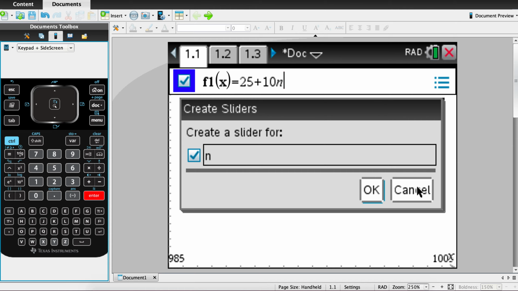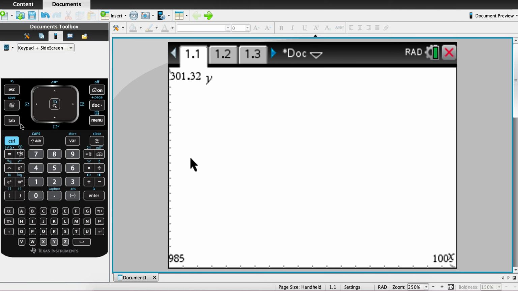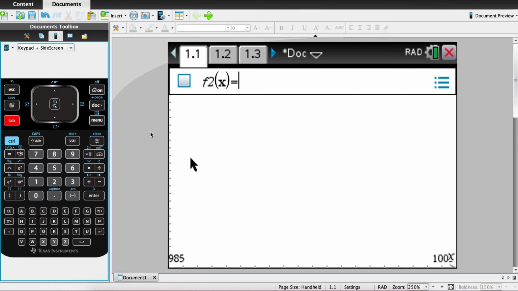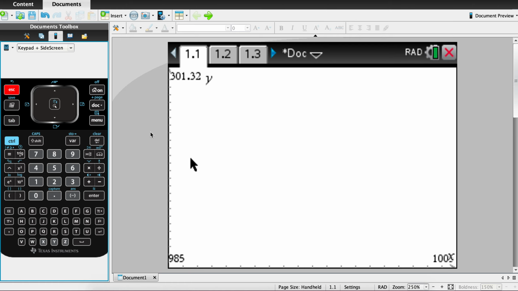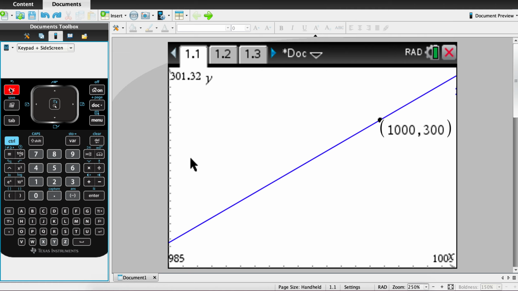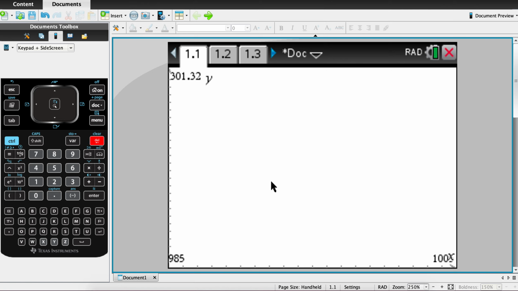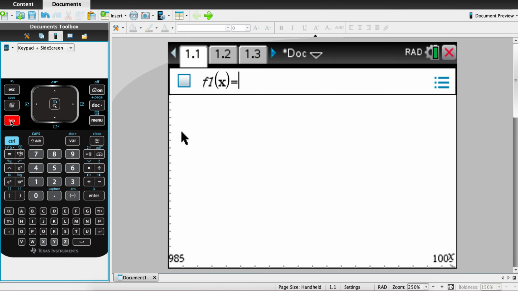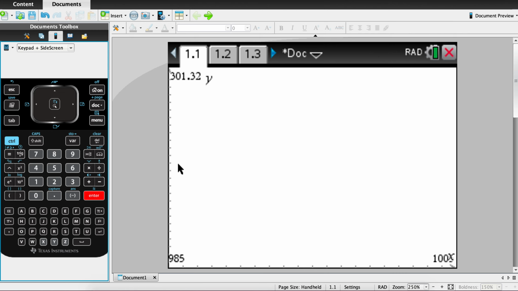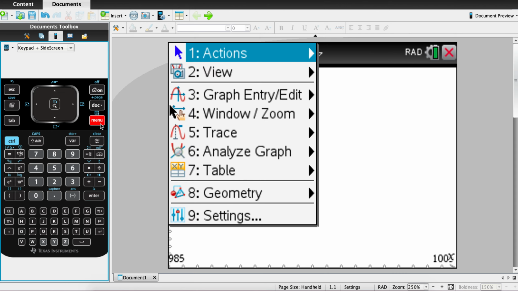Oops, I don't want an n actually, I want x. Common mistake. Just undo because it won't like me having another graph. So tab, 25 plus 10x. So you'll notice that I accidentally put n before and it didn't like it at all. So just make sure you do have x there.